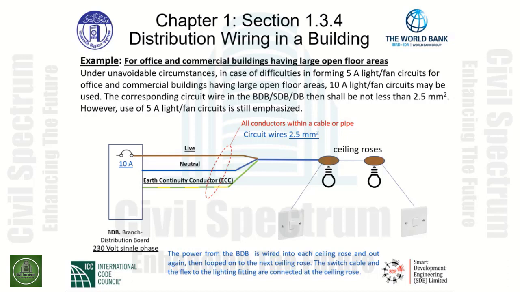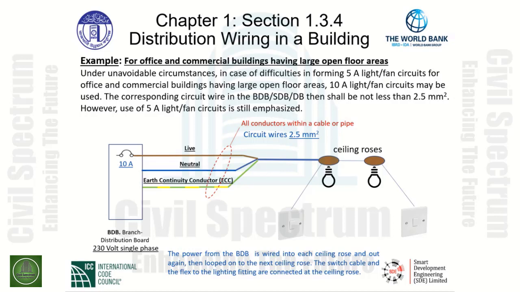In our diagram below, we have a branch distribution board. This is a 230 single phase system. We have a 10 amp breaker that is protecting our conductors. We have a live, a neutral, and an earth continuity conductor, EEC, in a pipe or a cable. This is a 10 amp circuit.